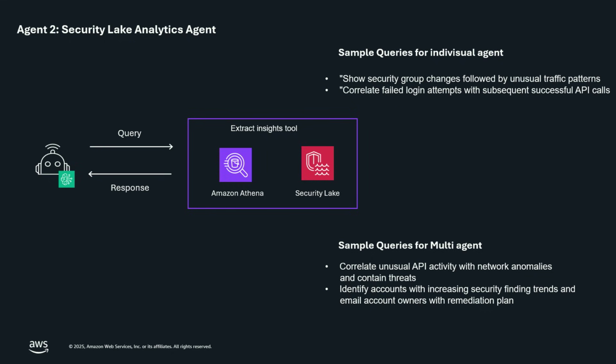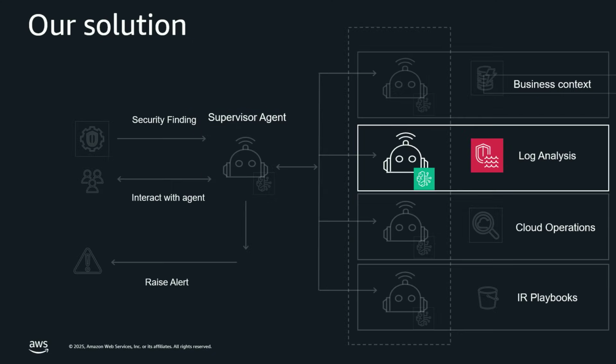A hint is we're looking at it right now. Yes, one agent is going to be the security lake agent. And for containing the threats, if anyone remembers the name of that one, let's go back. Yes, the CloudOps agent, exactly. These two are going to work together to handle that query and solve the problem that we have.